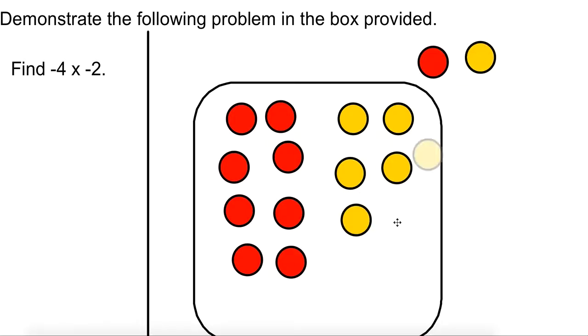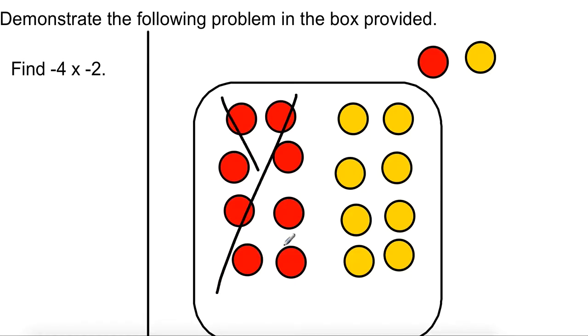Now that makes it 0 in there, so we don't have a value yet because the positives and negatives cancel out. I need to take away the negatives. So I'm going to take away the negative 2's. If I take away my negative 2's, I'm left with 8 positive.